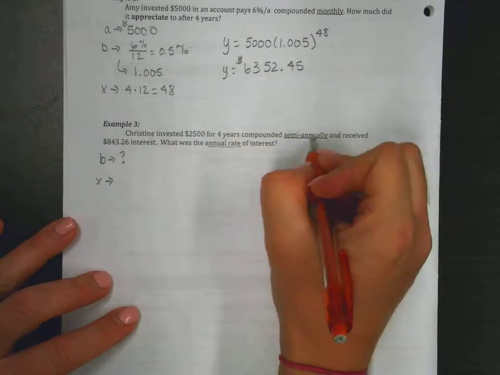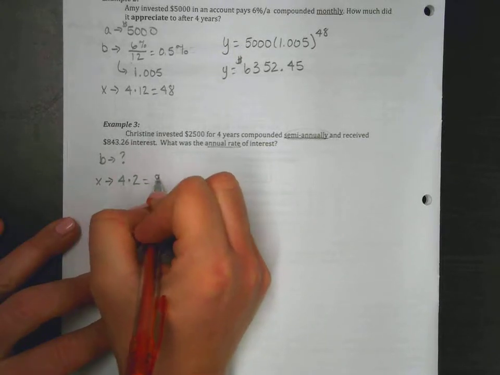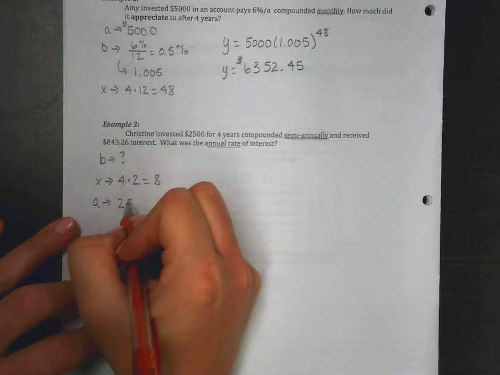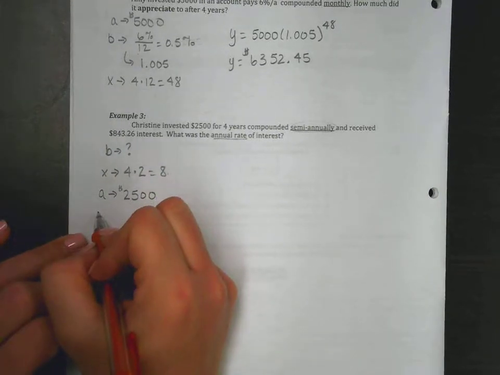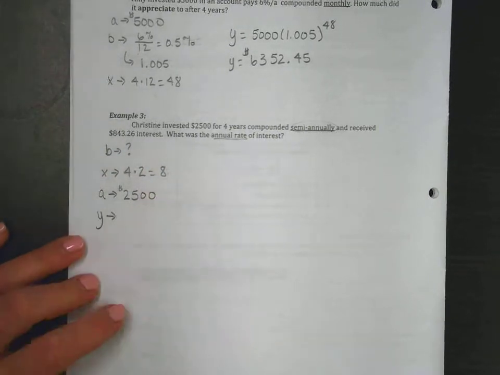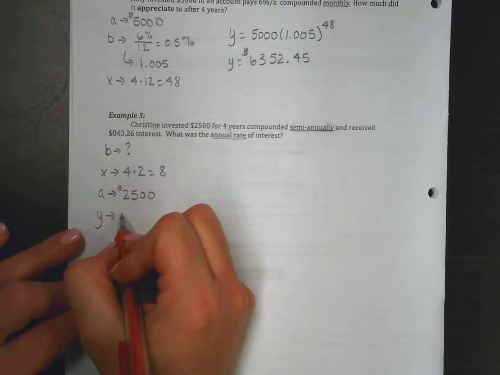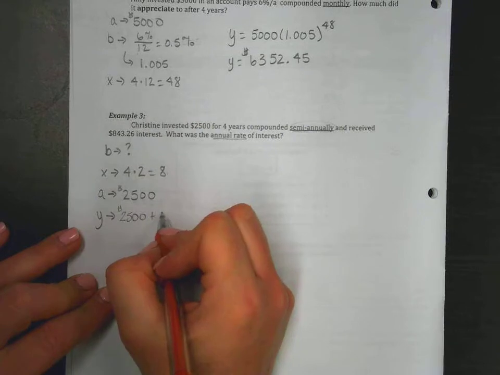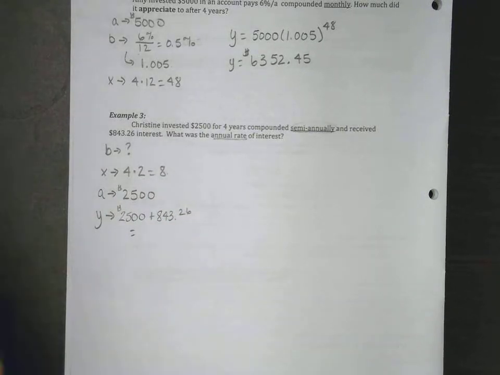Our A value, that's our principal. She initially invested $2,500. And then we know the Y value. Now remember, the Y value is the total accumulated amount. It's not just the interest amount. So I'm going to have to take my principal plus the interest that I earned, which gives me $3,343.26.